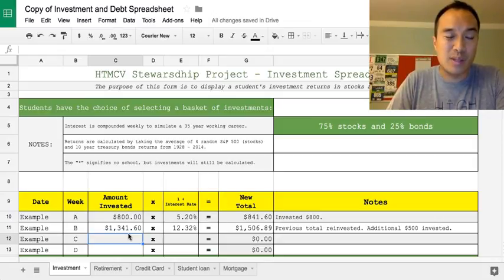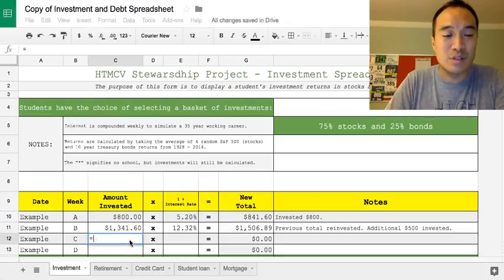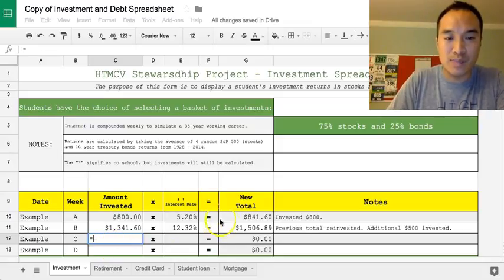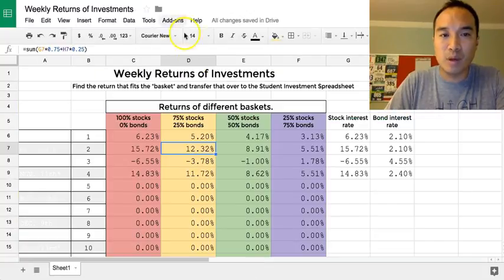All right, so let's do week C as in cat, or week 3. We're going to do the same thing, and in this week, nothing is going to happen, and the student will not invest anything else. So we're just going to go equal sign, take that new total, click on that, press enter. Interest rate, where do we find that? Our weekly returns of investments. It's a negative now, so negative 3.78.